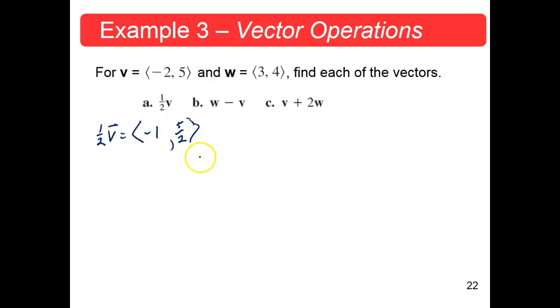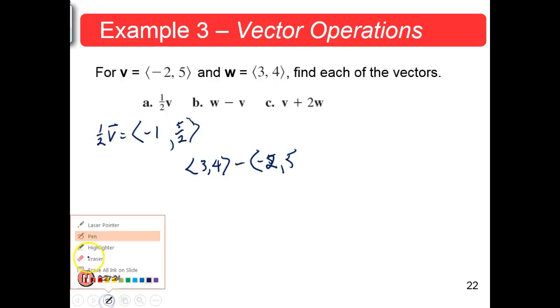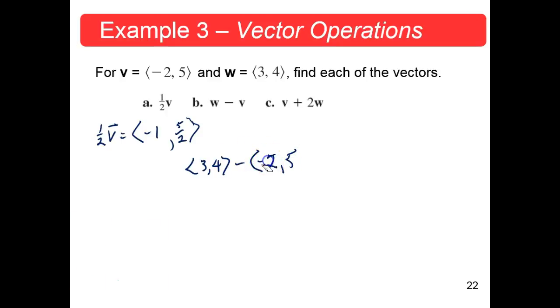Okay, W minus V would basically be, write down W, 3, 4, minus negative 2, 5. And these are angle brackets. Sometimes I get in a hurry writing and they don't look very angled, but that is.